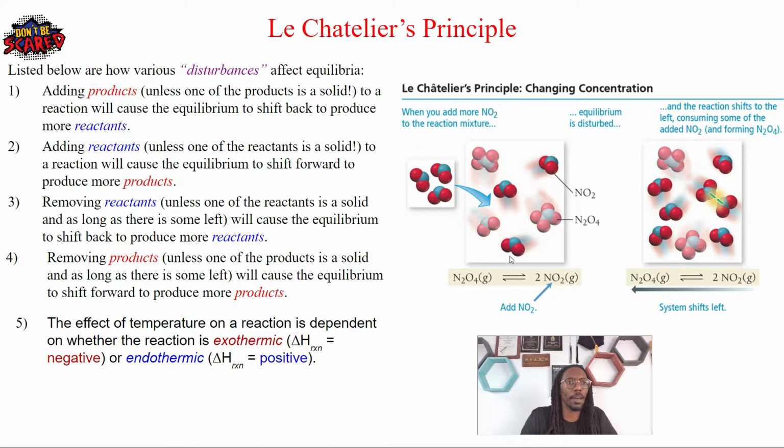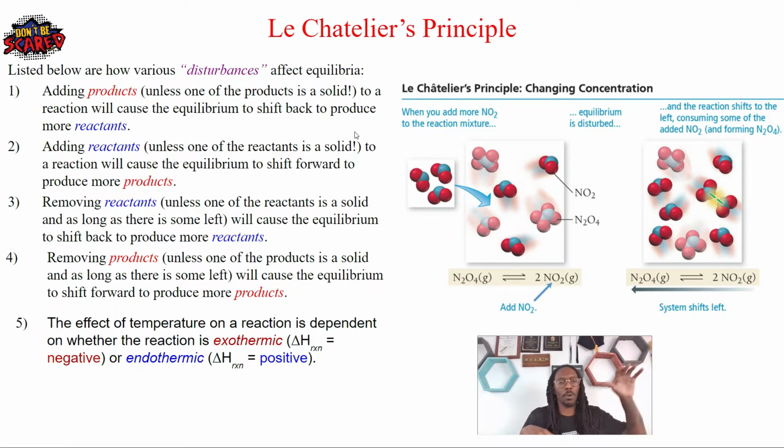All right, so let's talk about adding. If we add products to a reaction, then our equilibrium will shift to produce more reactants. Just as we mentioned with C, if you add more products to one side, we're going to have to shift the reaction towards the left because we need to make more reactants to get us back to equilibrium.